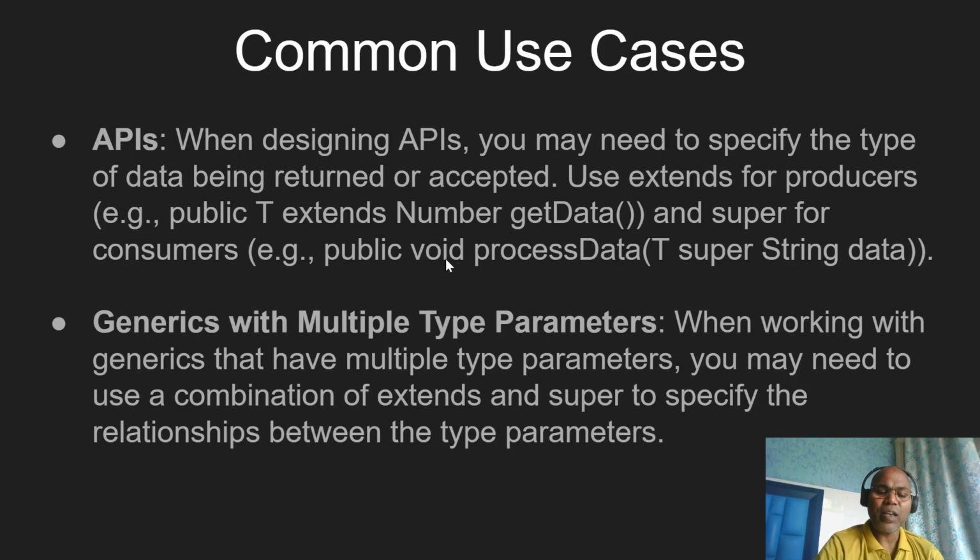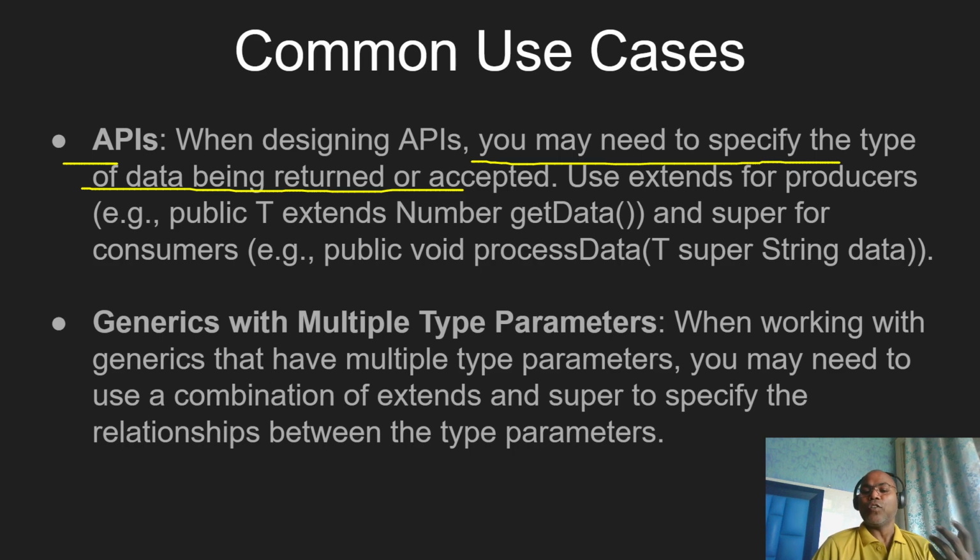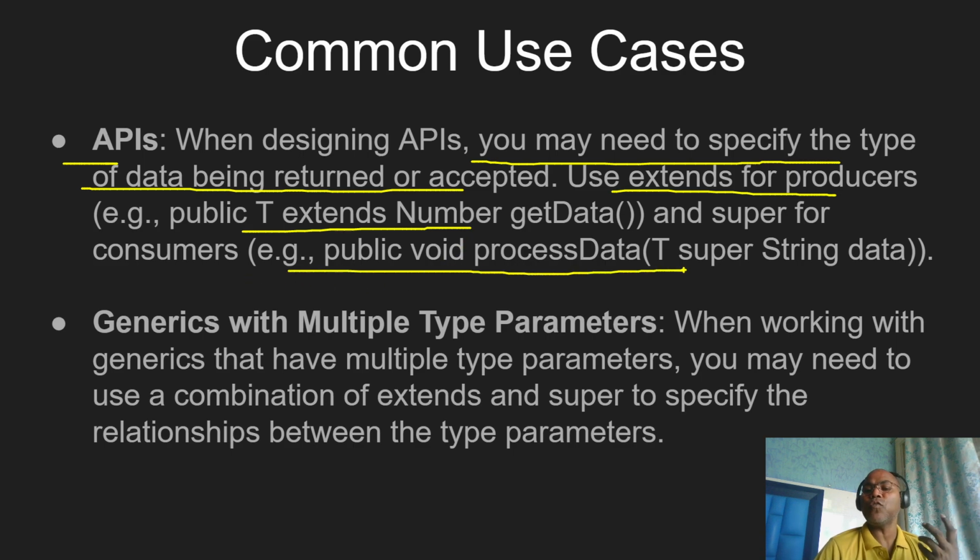PECS. Maybe you are designing some API. While designing an API, maybe you need to specify the types of data being returned or accepted. So if you're designing a generic API, think about what the bounded type would be. If you are a producer, go with extends, or if you are a consumer, go with super.